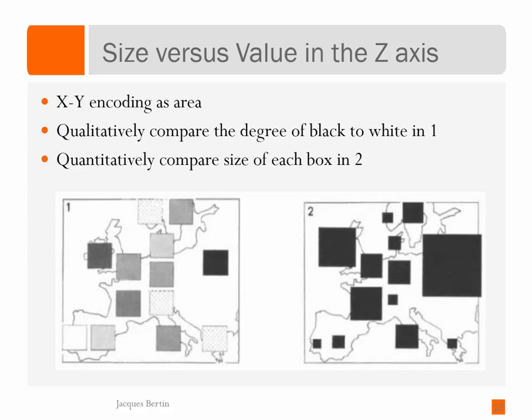Now, what we want to do is take a look on the left here. So on the left, this is basically value, the fourth variable at work. So we're qualitatively comparing the degree of shading of black to white in the frame on the left. And it goes kind of like this.